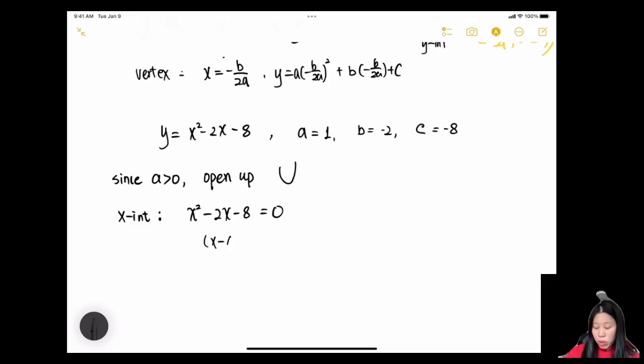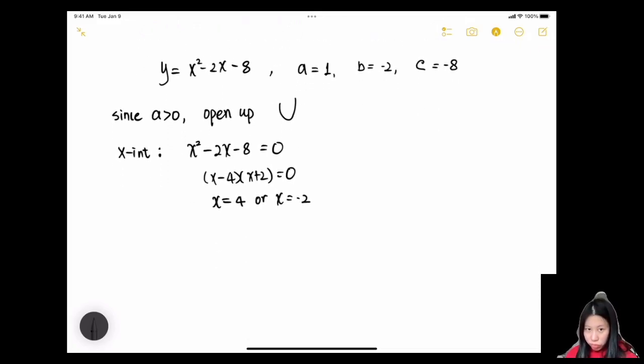In here, it will be easier for us to just factor it. So we have x either equals 4 or x equals negative 2. So we found two x-intercepts: when x equals 4, y equals 0. When x equals negative 2, y equals 0.